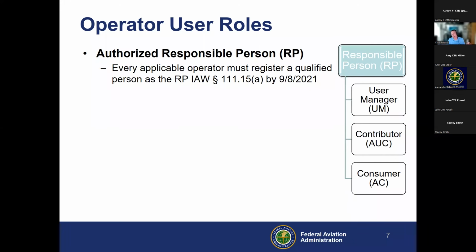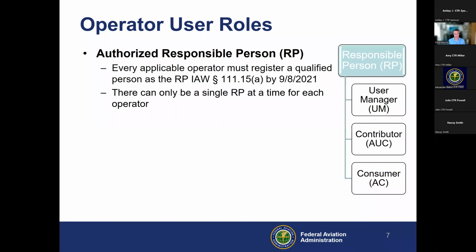So if you're a new operator, and it's mid-July 2022, and you're thinking, I don't think we have a responsible person registered in PRD, the best thing to do is just go ahead and get someone registered in PRD. Maybe these instructions will be helpful to you.